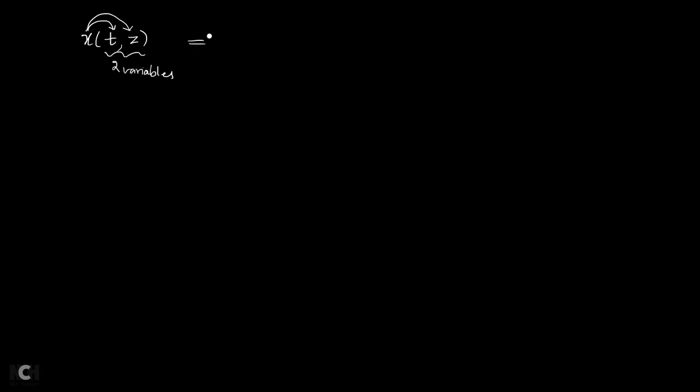We call such signals two-dimensional signals. And examples of two-dimensional signals are your image, or even the video signal.